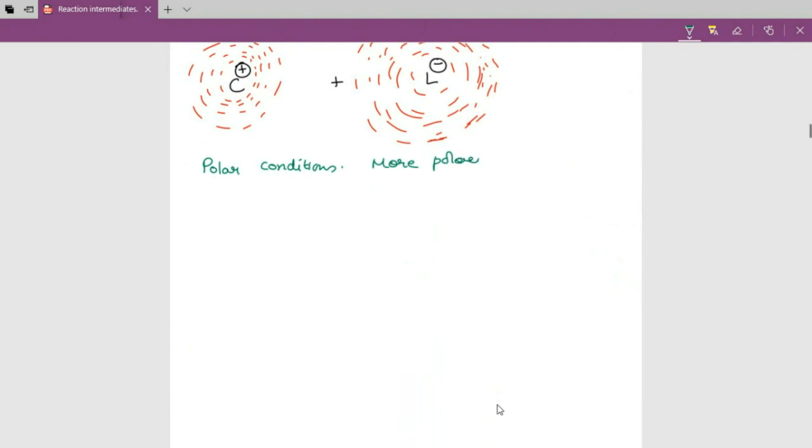The more polar the solvent conditions are, the easier. What does the term easier imply? Easier means it has a lower activation barrier, easier to form carbocation.